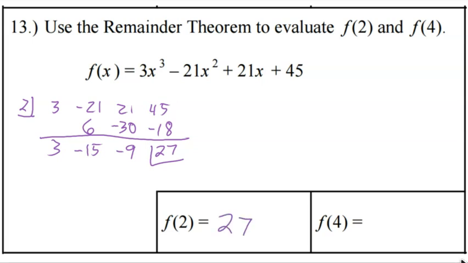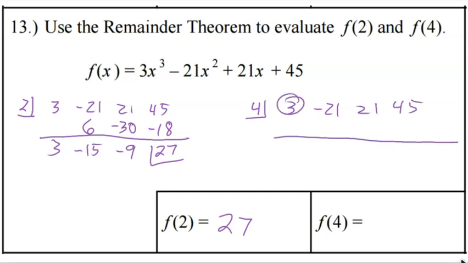Okay? Now we're going to do the same thing for f of 4. We're going to put a 4 in the half box. We'll do that over here. 4. We'll use the same numbers. 3, negative 21, 21, and 45. We're going to draw a line. Bring down the 3. 3 times 4 is 12. 12 plus negative 21 is negative 9.